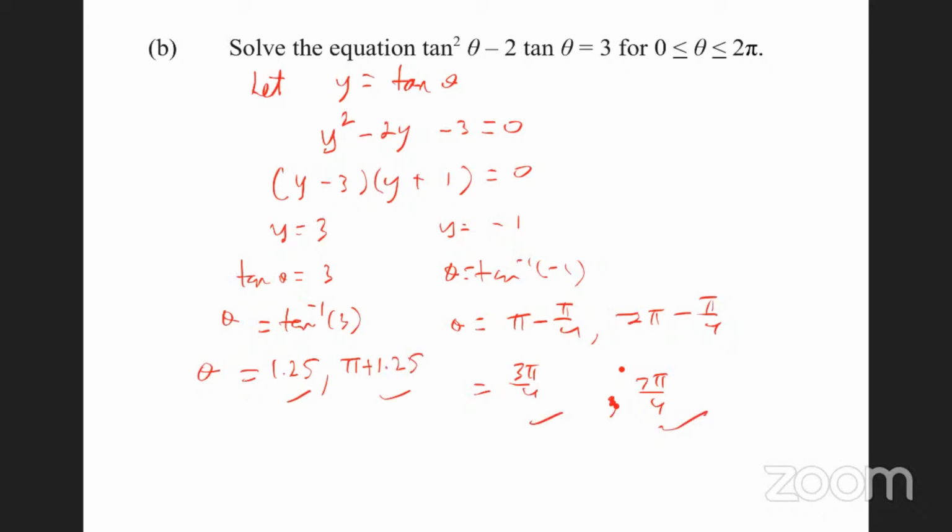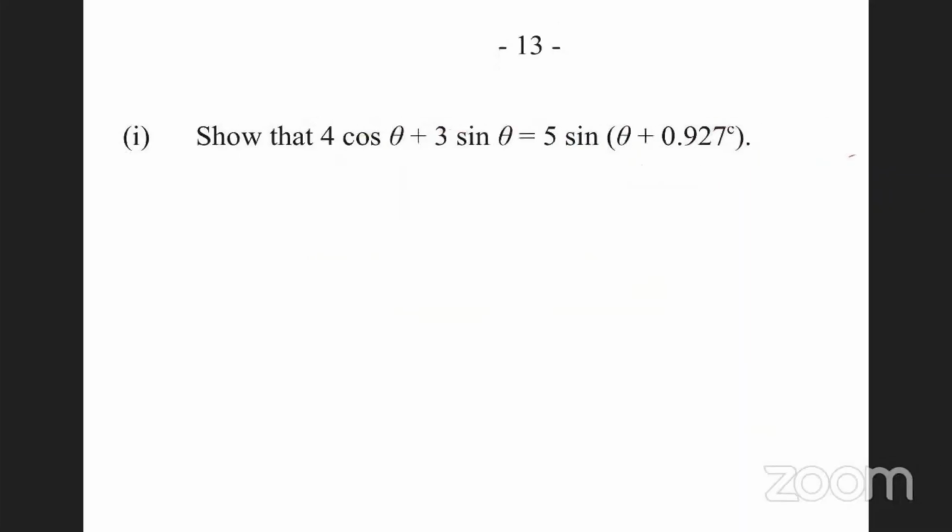Okay, let's go again. See part 1 and 2. That's part 1. Show that 4 cos theta plus 3 sin theta is that.